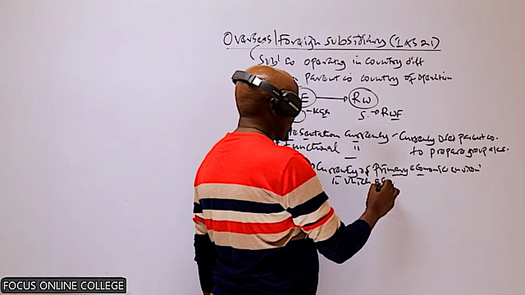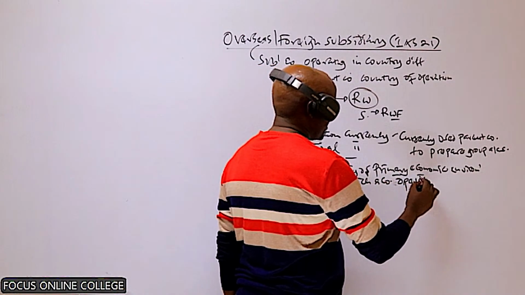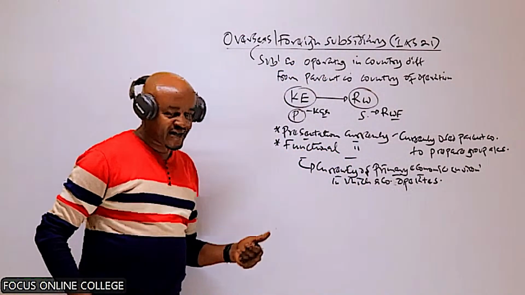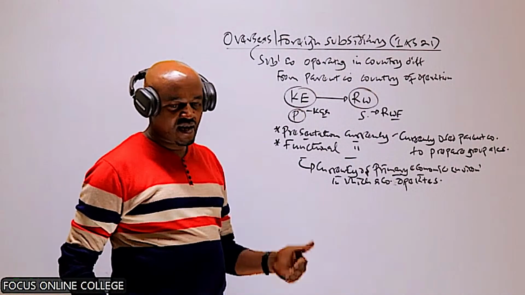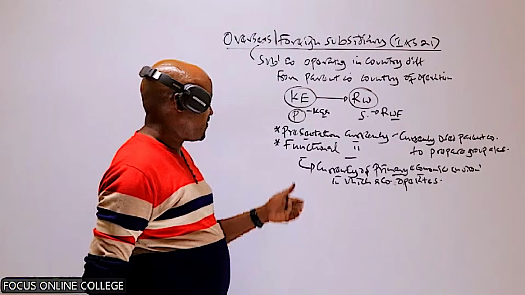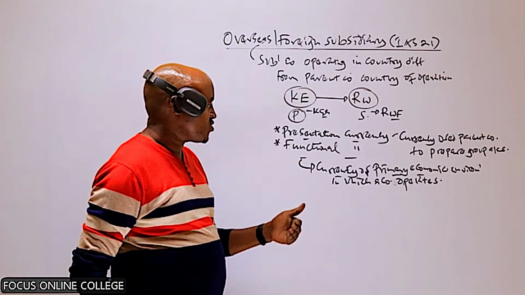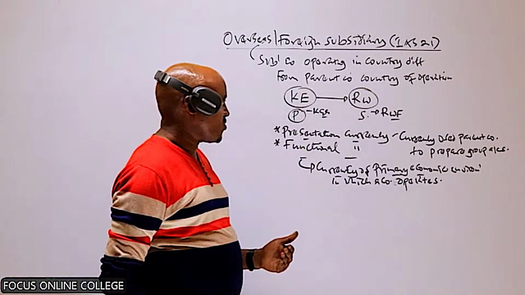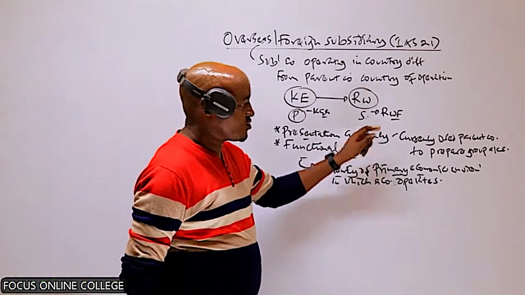So basically, that is the local currency of the country in which the company operates. If the parent company is operating in Kenya, the functional currency is Kenyan shillings. If the subsidiary is operating in Rwanda, the functional currency, or the local currency for that country, is the Rwandan franc.